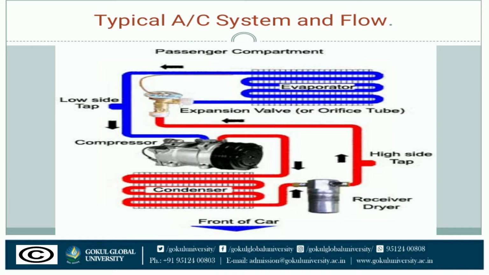So these lines shown in red color and their parts are called the high pressure side, and the blue line shows the low pressure side. So basically in the whole AC system, there are a high pressure side and a low pressure side.